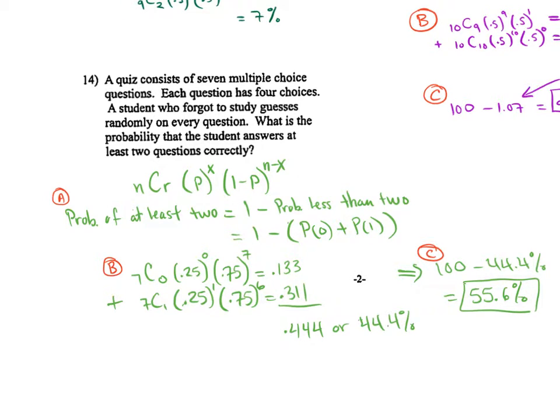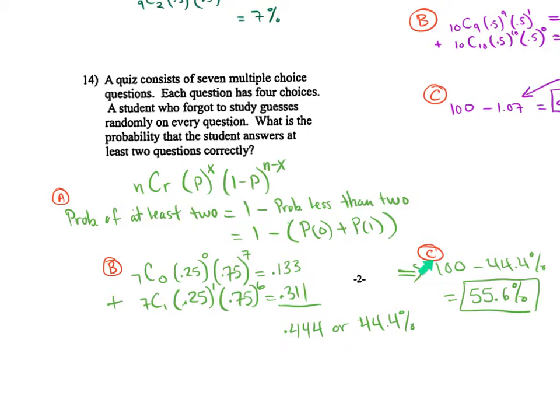Now we come down here and we do probability of getting 1 correct would be 7C1 times 0.25 to the 1 times 0.75 to the 6. And that gives us 0.311. We'll add these two numbers together, and we get 0.444, which translates to 44.4%.